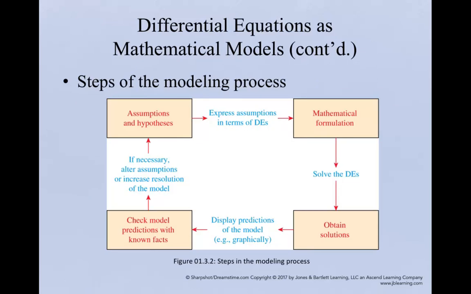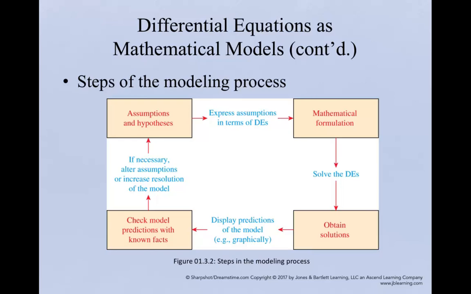So basically what generally happens is you start a modeling process by making some sort of assumption, and then you express those assumptions in terms of differential equations. So I might, for example, make the assumption that population growth in a particular group is a power function.